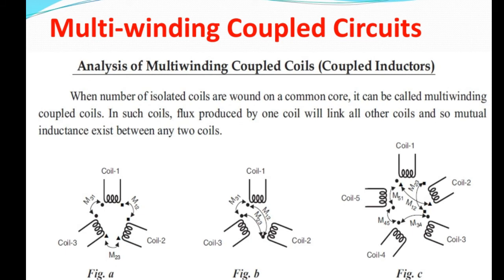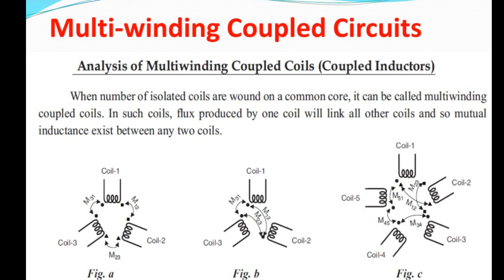If you take more than 3 coils, the example will be like in figure C. Some examples of multi-winding coupled coils have been shown, and we must use different symbols like circular dot, square dot, triangular dot, etc. to represent this mutual coupling.